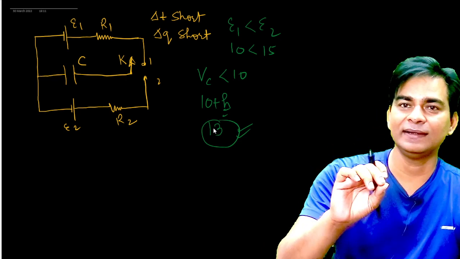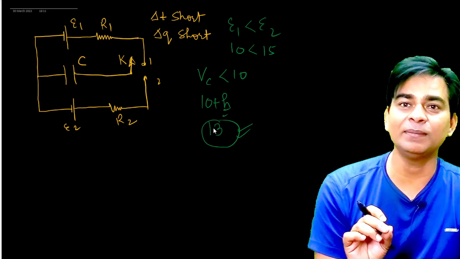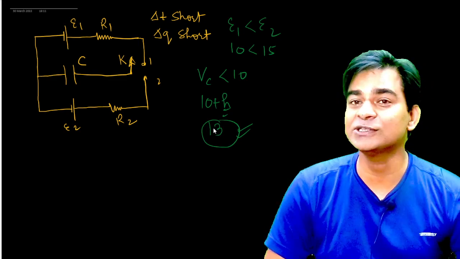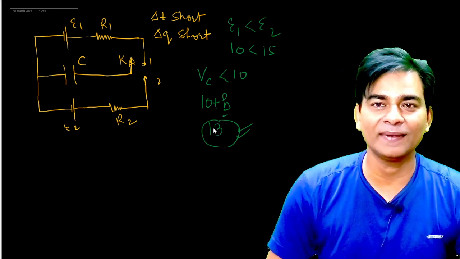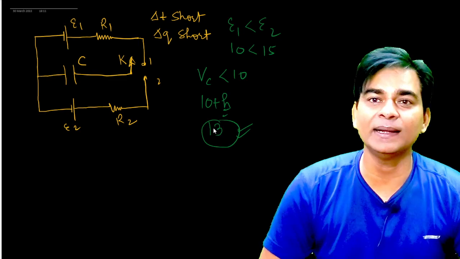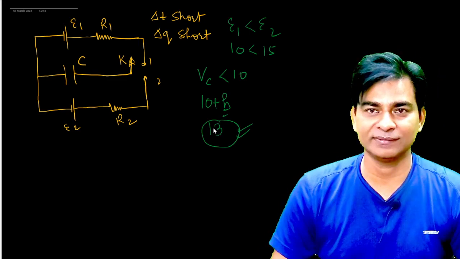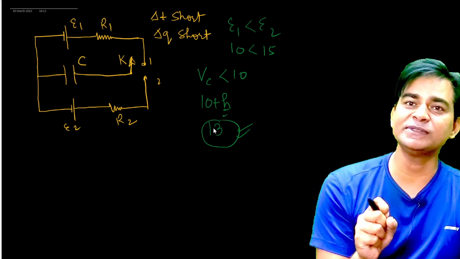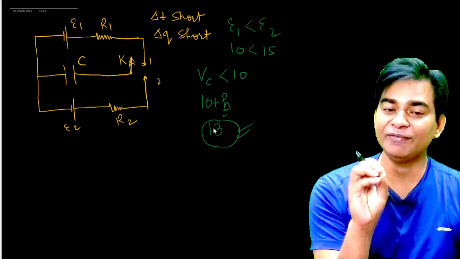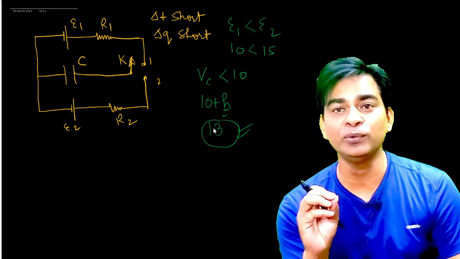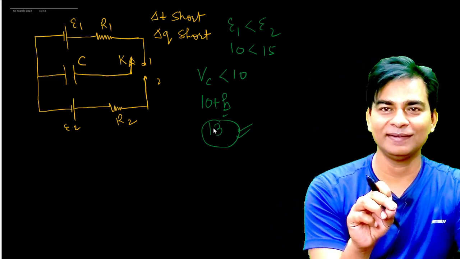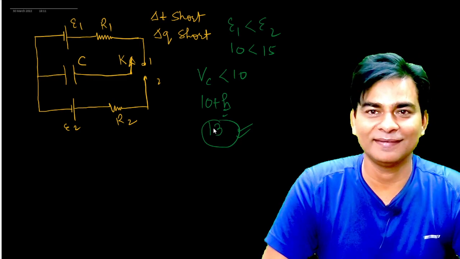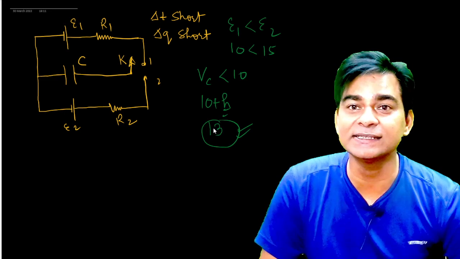Whatever it has gained from the high potential battery, it loses to the low potential battery, and now we are in a situation to say that the charge on the capacitor is not going to change. When I connect this capacitor to E2, it will receive some charge from E2, and when I change the position of the key from 2 to 1, it will give that amount of charge to battery 1. And now I can say a steady state is reached.